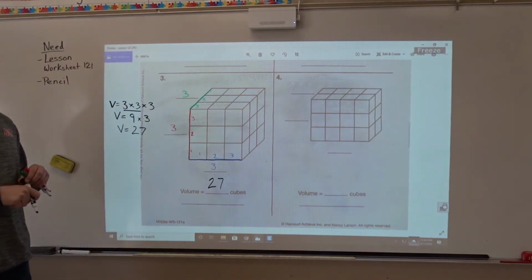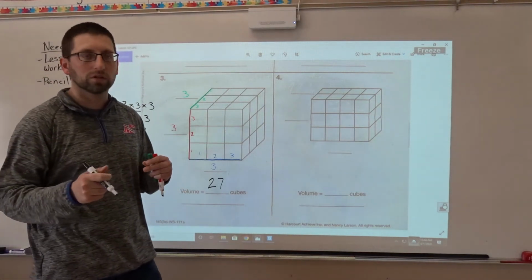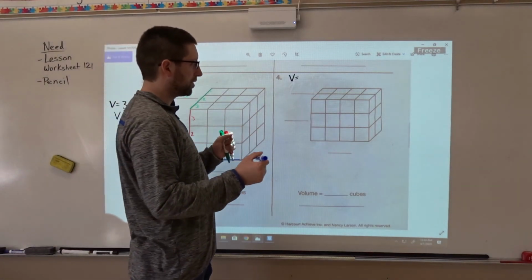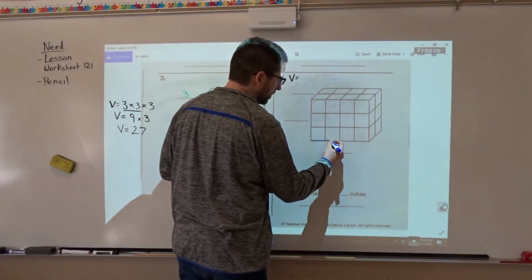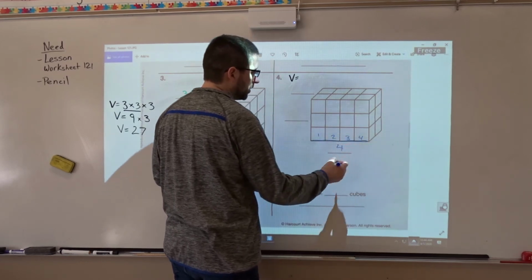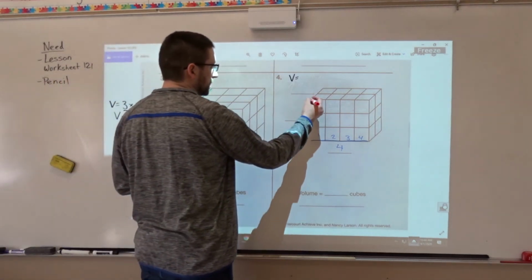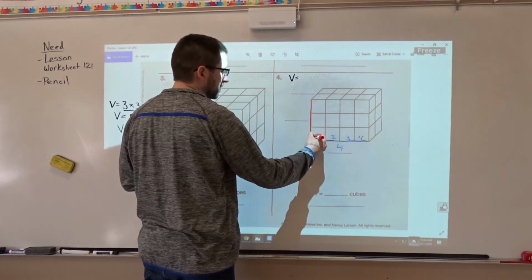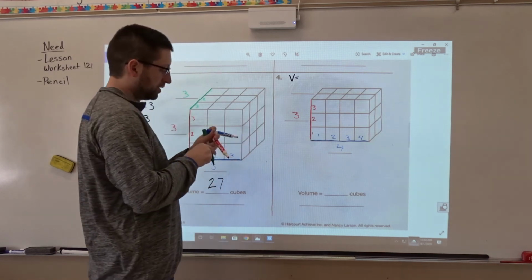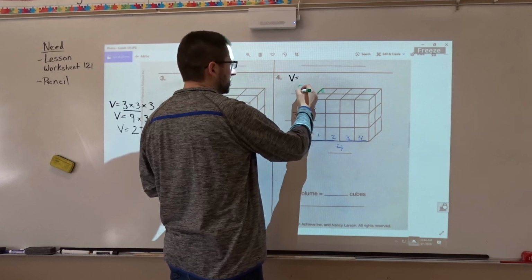Okay. I'm going to demonstrate how to do number 4. I would encourage you to hit pause and try it on your own first. For number 4, you also need to find your length, your width, and your height. My length is 1, 2, 3, 4 cubes. My height is 1, 2, 3 cubes tall. And my width is 1, 2 cubes wide.